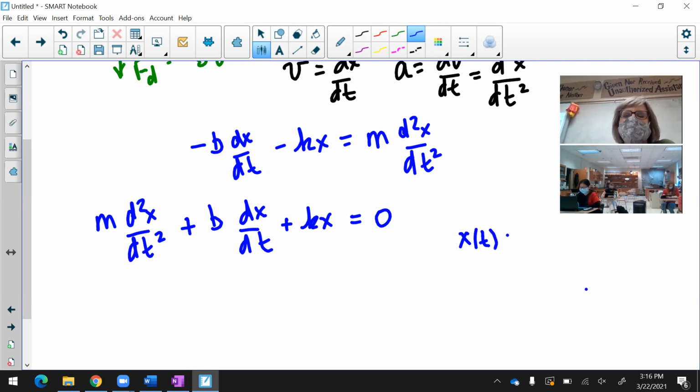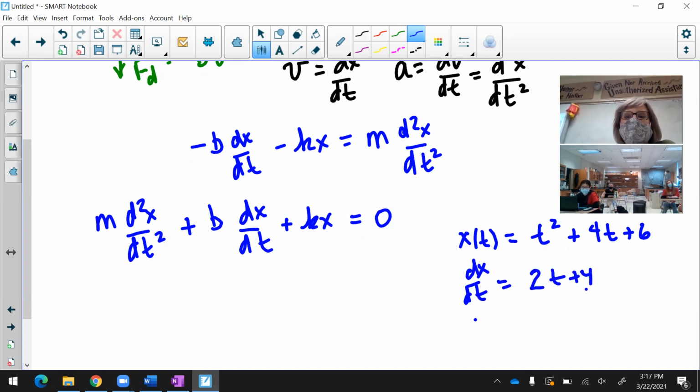Don't write this down because this isn't going to be true, but if x was equal to something like t squared plus 4t plus 6, then dx/dt would be 2t plus 4, and d2x/dt squared would be 2.